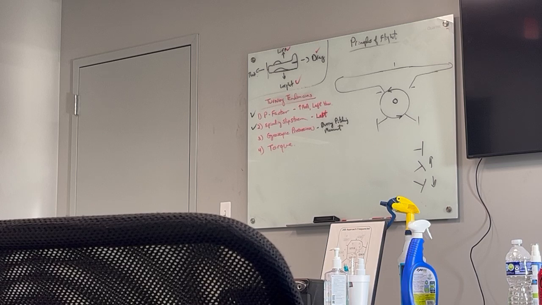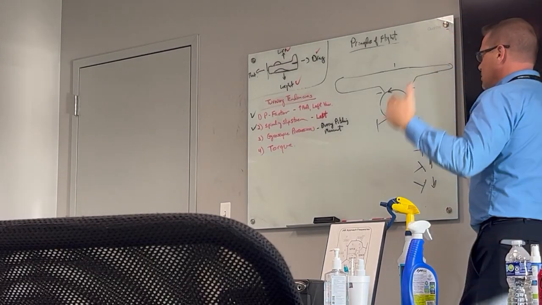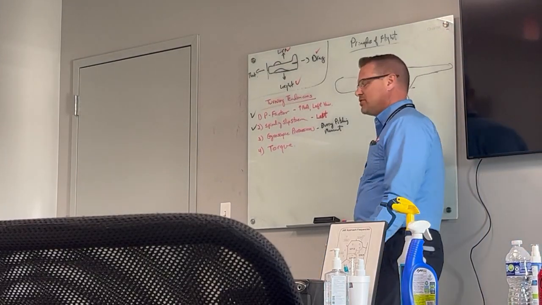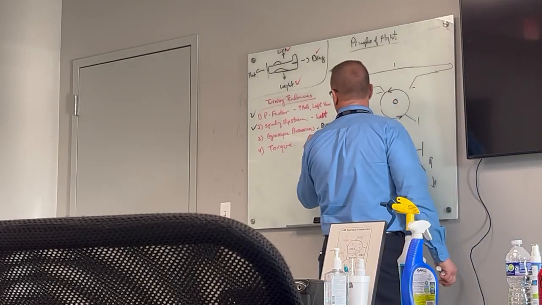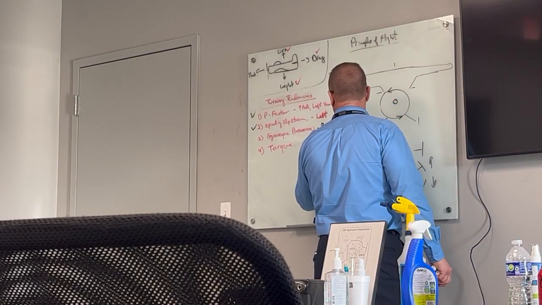But if I get to 15 degrees pitch up and I just maintain 15 degrees pitch up, I'm able to just fly 15 degrees pitch up. I have no more tilting. Now I'm at a constant again. It's 15 degrees pitch up, but it's still a constant. There's no more gyroscopic precession being felt. So it's only during the pitching moment, another way to say it would be the transition.